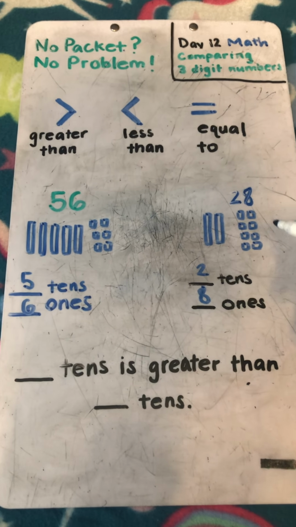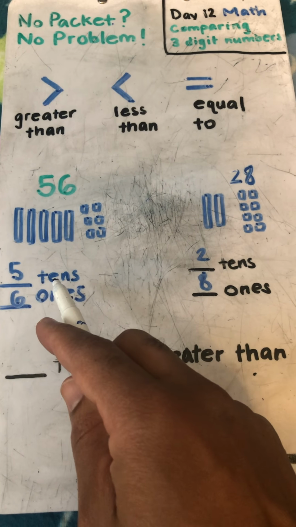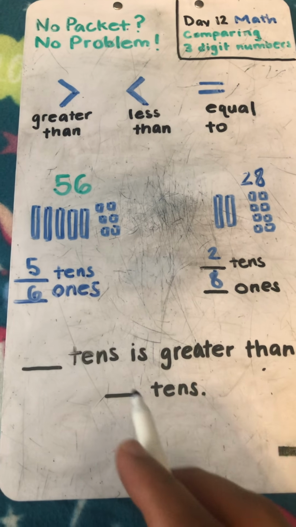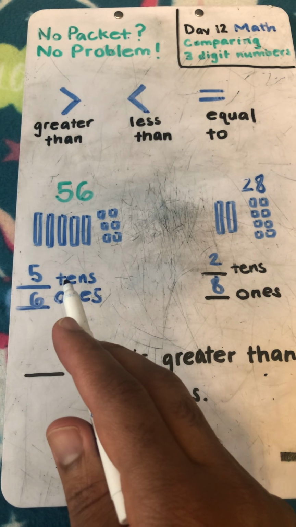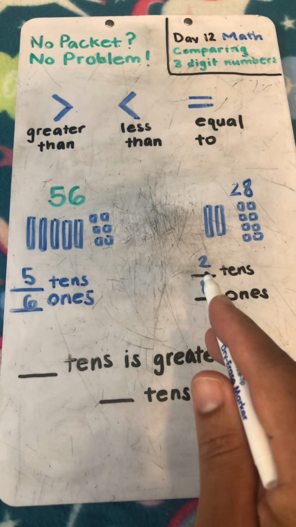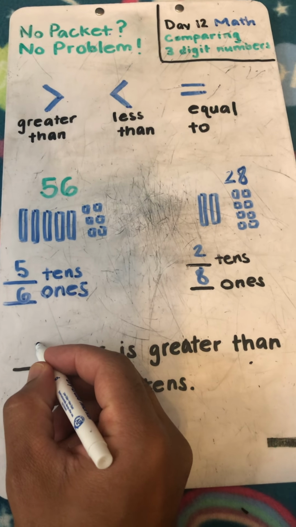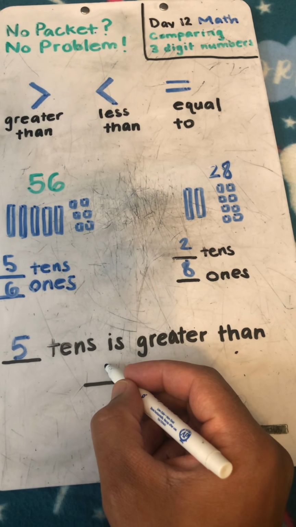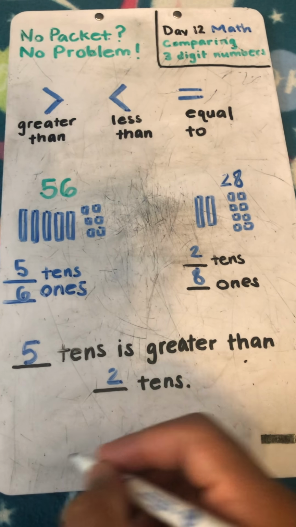So as I'm comparing these two numbers, I have to start off by looking at their tens. And I know that 5 tens is greater than 2 tens. I'll fill that in this sentence. 5 tens is greater than 2 tens.